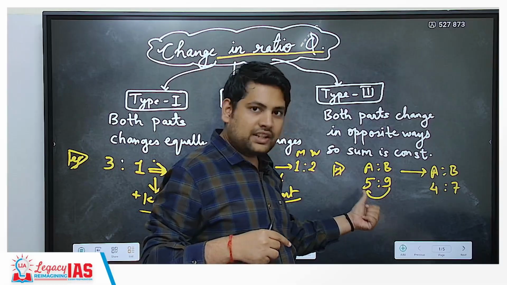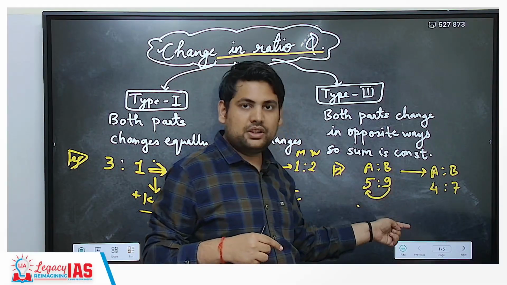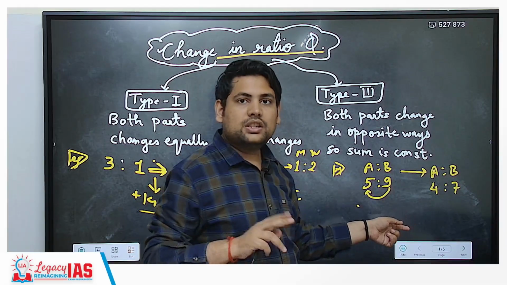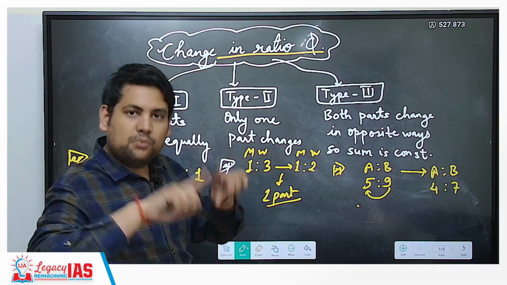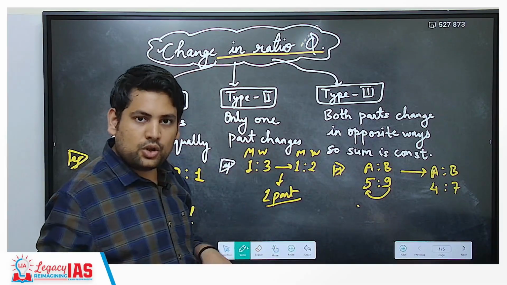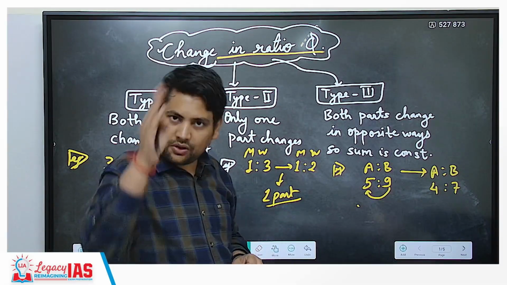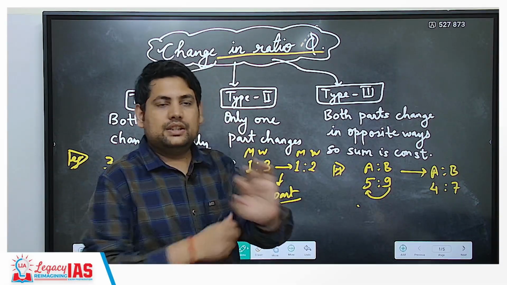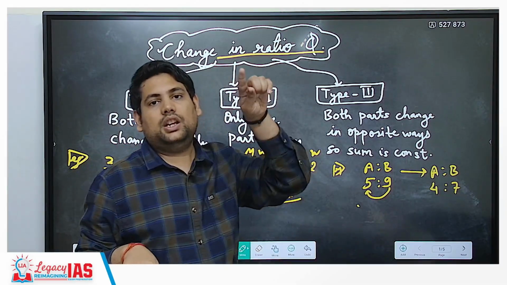So A is gaining something and B is losing something, correct? So this is not type 1 nor type 2. In type 1 what was happening? Both parts will gain or both parts will lose. In type 2 what was happening? Only one part will gain or lose, the other part is as it is. Here one part is losing, the other part is gaining, correct?